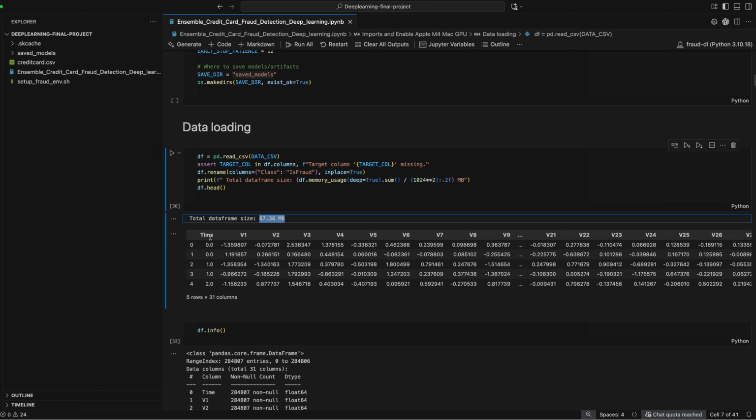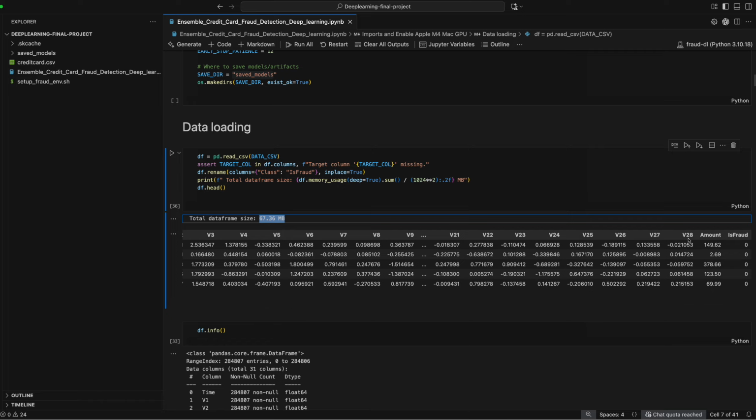So we have time, and then we have V1 to V28, which are the feature parameters which are masked. The reason they are masked is because this is customer sensitive data and it is not exposed, but it is normalized and masked. And then this is the transaction amount. And then this is what we are trying to find out: whether it is fraud or not fraud. Here you see everything zero because eventually there are ones as well, but I'm just picking up the first five rows, so that's why you don't see it.